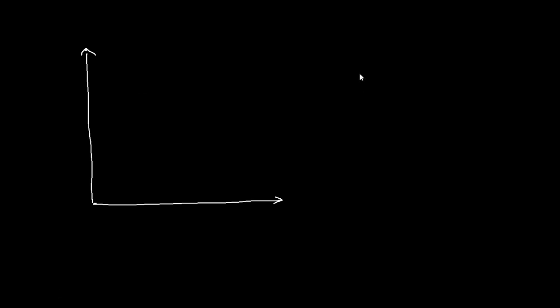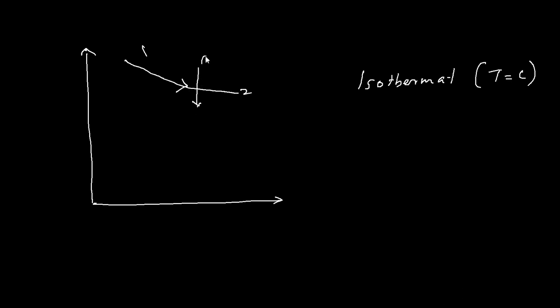Isothermal process is your heat addition at a constant temperature. It's a constant temperature process. So you have a constant temperature heat addition like this. Let's call it 1 to 2. So you have the heat addition here.